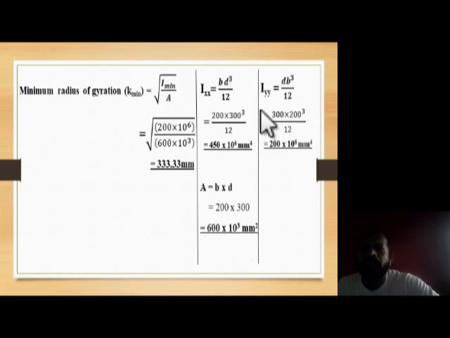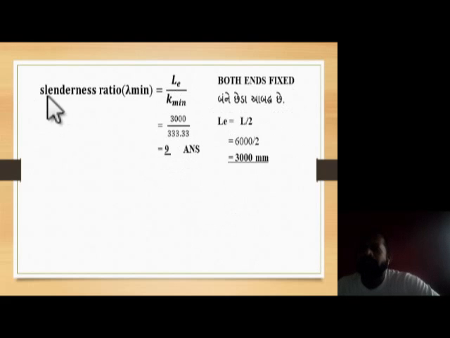Substitute the value of Iyy and A in this equation, you will get the minimum radius of gyration K minimum is equal to 333.33 millimeter. So next you have to find the slenderness ratio, lambda minimum. The formula to find slenderness ratio is the effective length of the column divided by K minimum.